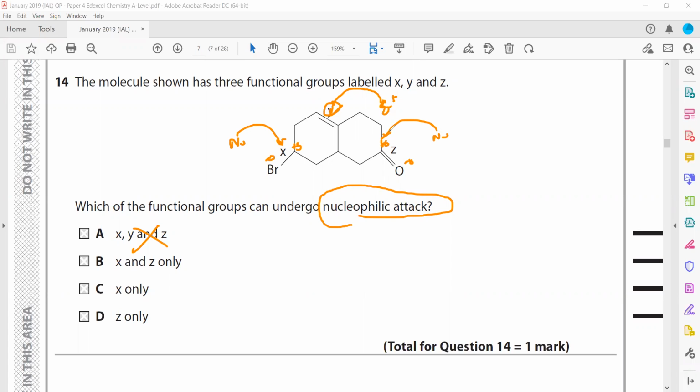And another one is a carbonyl group. It is a ketone, but even if it was an aldehyde, it will undergo nucleophilic addition reaction. So here the nucleophilic addition reaction will occur, and here the nucleophilic substitution reaction. So X and Z can undergo nucleophilic reactions.